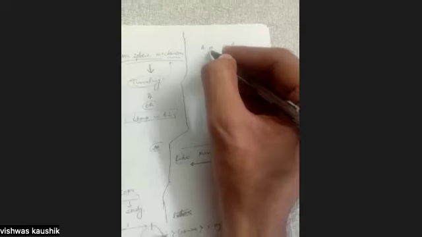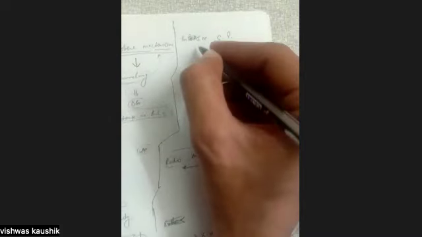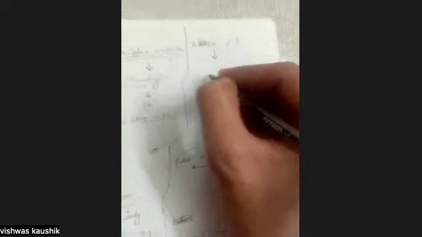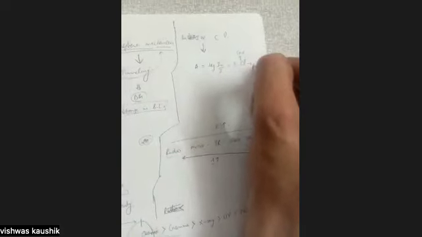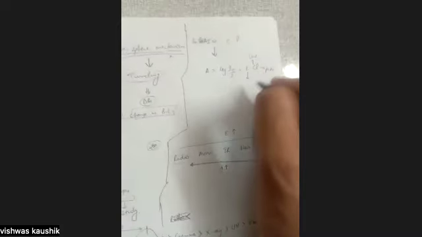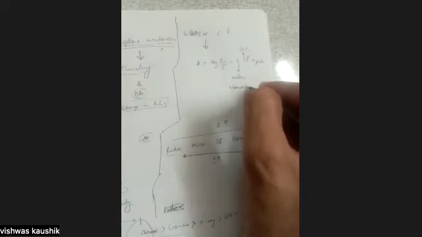If we derive it further, it reduces to absorbance A equals log I naught by I equals epsilon C L, where C is the concentration, L is the path length, epsilon is the molar absorptivity constant, and A is the absorbance.